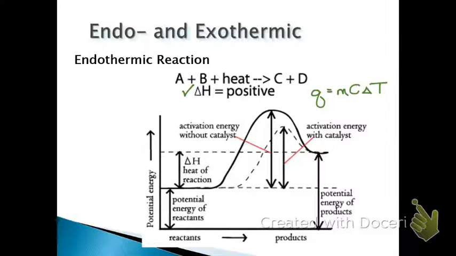Really, the only difference is that Q is usually in units of joules, and delta H is usually in units of kilojoules per mole or per gram. But in terms of what you all need to know, they basically represent the same thing. I just wanted to go over that with you.